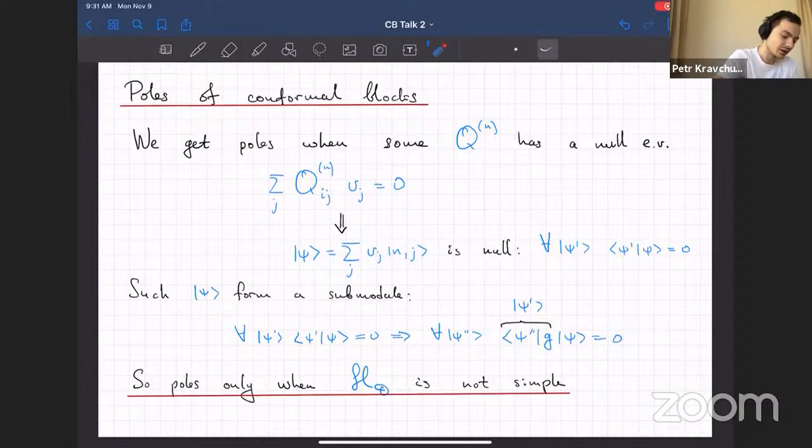And so null states do not span the full H0. So H0 has a proper submodule, and so H0 is not a simple module. In other words, it's not an irreducible representation. So the poles can only appear in conformal blocks when the representation H0 becomes reducible.